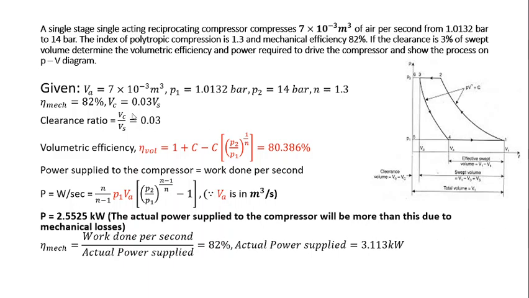Now the given data: the effective volume, that is V1, is 7 into 10 raised to minus 3 meter cube per second.